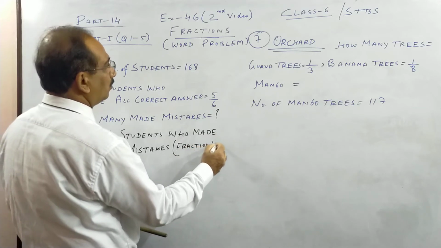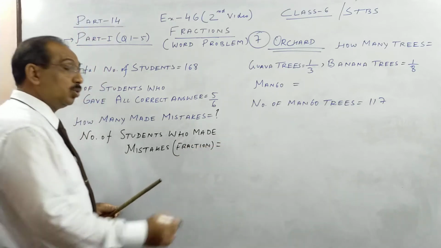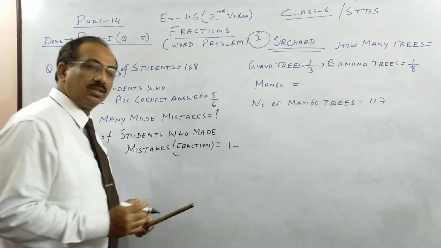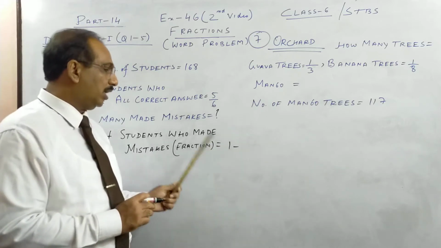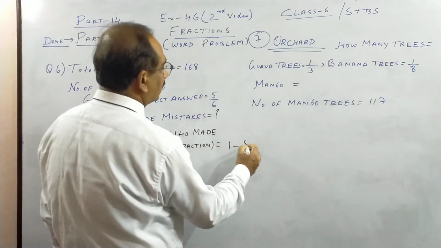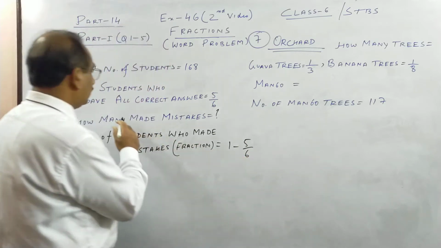So remember I told you once that the total in a fraction is 1. Children, total is 1. So 5 by 6 are correct. Okay, they made all correct.